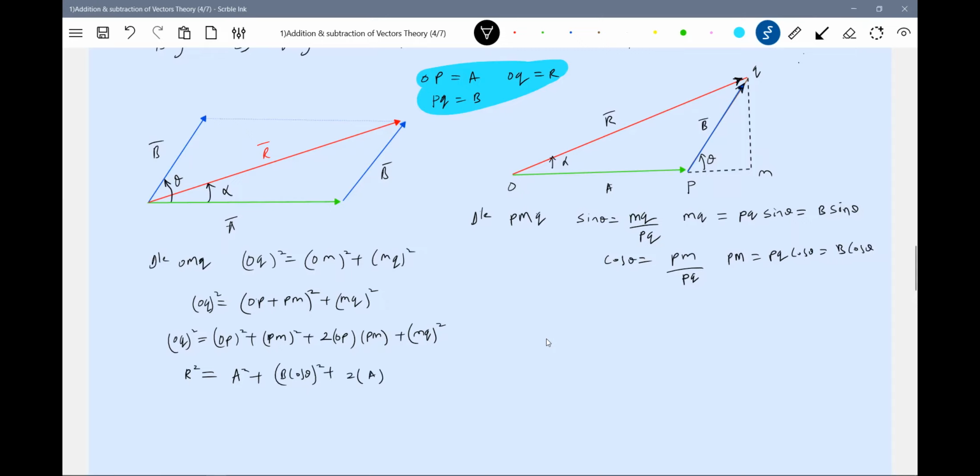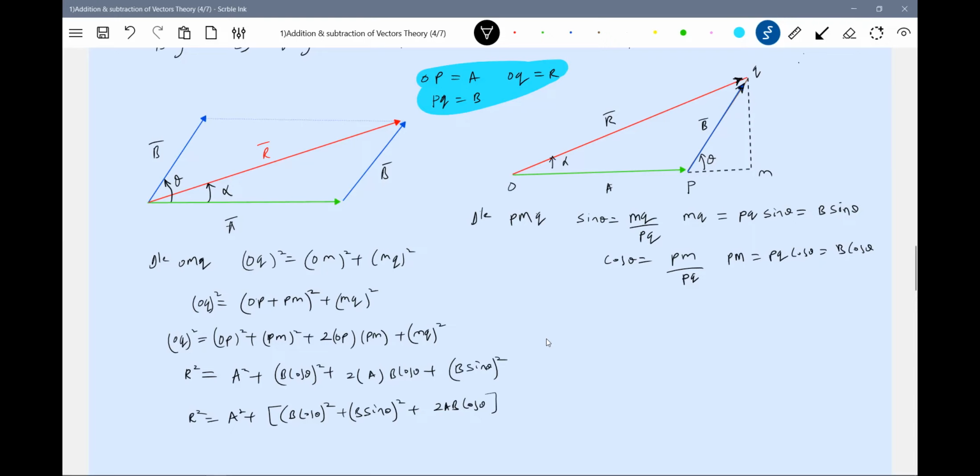A. Further PM is B cos theta. And what is MQ? B sin theta whole square. So R square equals A square plus B cos theta plus B sin theta whole square, plus 2AB cos theta.